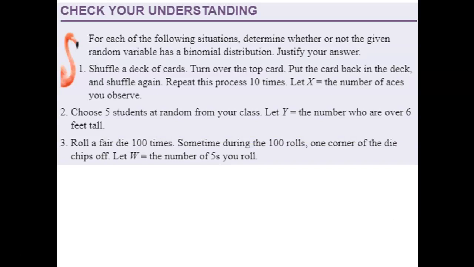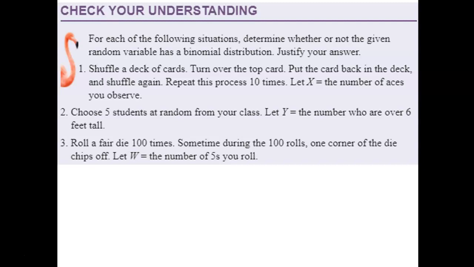So we're back to our deck of playing cards. Oh, this is to check your understanding. Is it a binomial setting? In a moment, we're going to have you pause the video and write down some thoughts. So the first question is, we're shuffling a deck of cards. Turn over the top card, put the card back into the deck, shuffle again. Repeat this process 10 times, and let X be the number of aces that you observe.